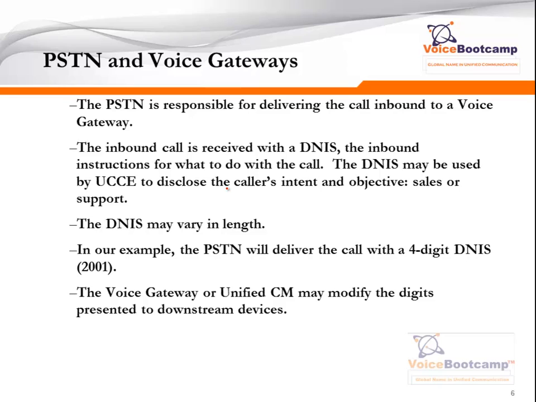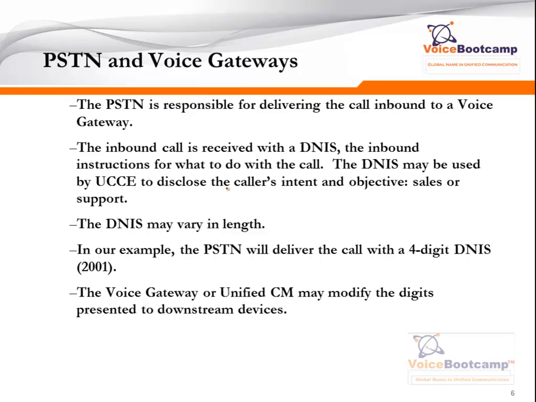This number is basically the number that a user from the outside world actually dialed to reach somebody inside the enterprise, or vice versa. So basically, the number that you actually dial is known as DNIS. This number will instruct the gateway what to do with the call.